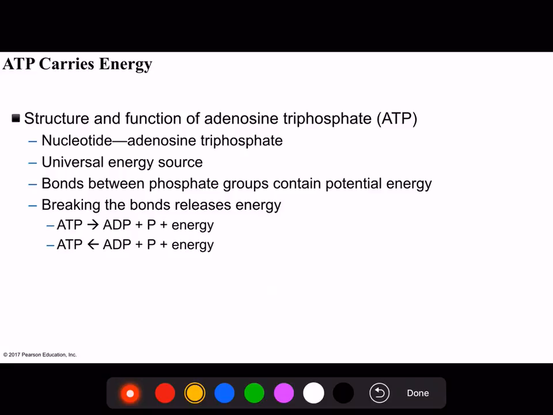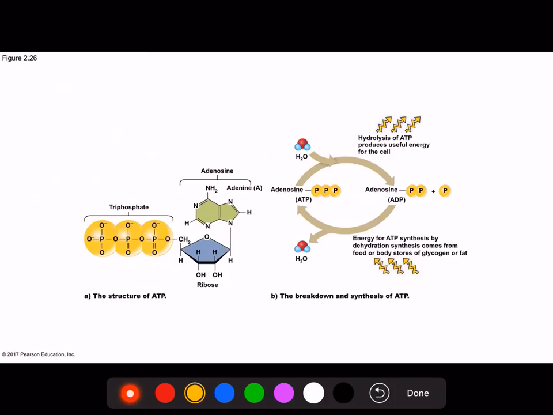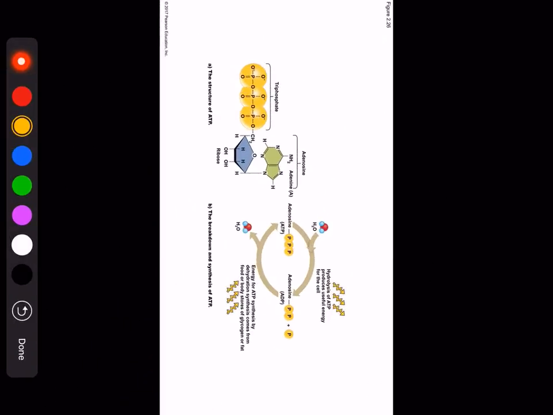The last thing we need to understand is the ATP, or the energy molecules. This is the nucleotide adenosine triphosphate, and this is a universal energy source. It can be broken down to give ADP plus a phosphate group and energy, or we can reverse the reaction and save the ATP. What are we talking about?